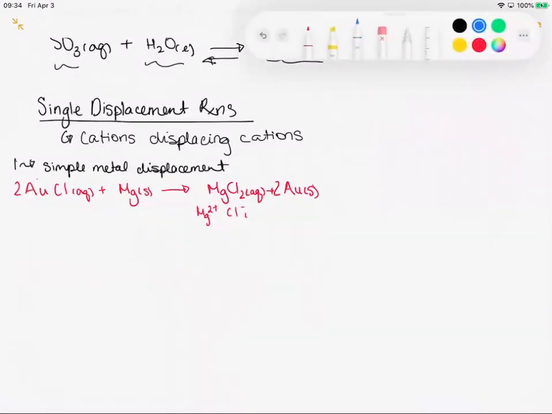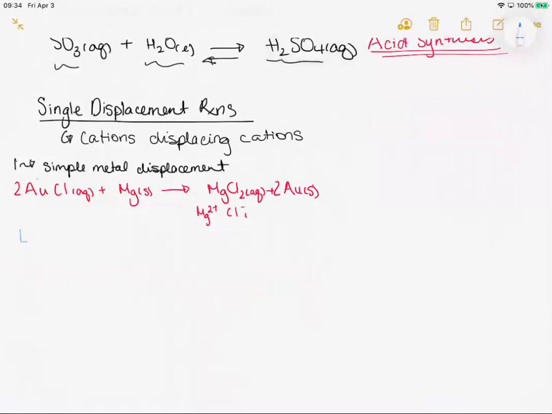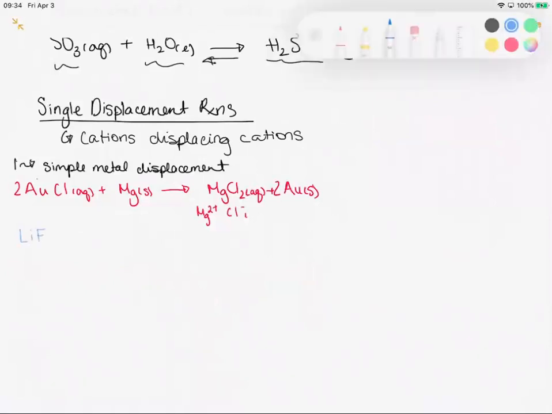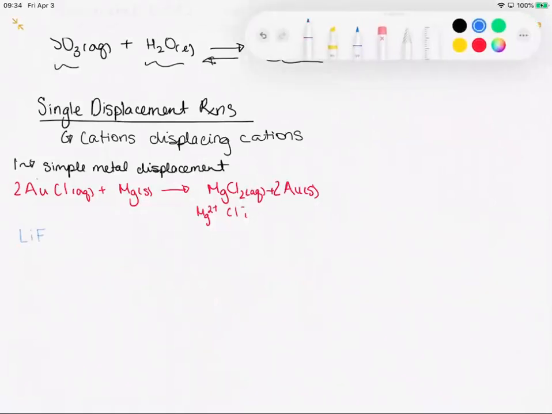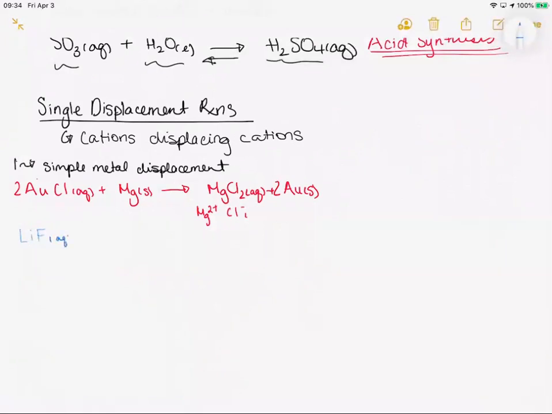Now, because there are more reactive and less reactive metals, sometimes we have reactions that do not proceed. An example is lithium fluoride, aqueous, plus aluminum, solid. Lithium is much more reactive than aluminum.